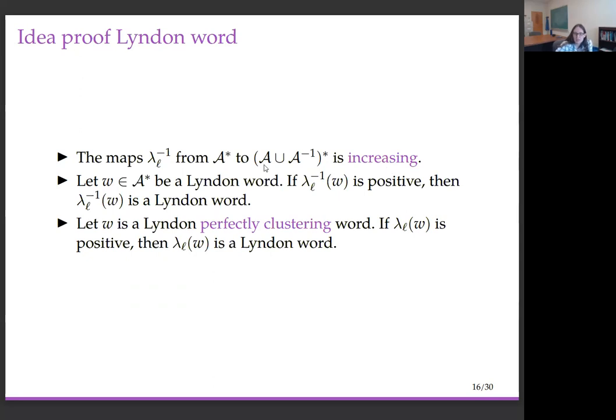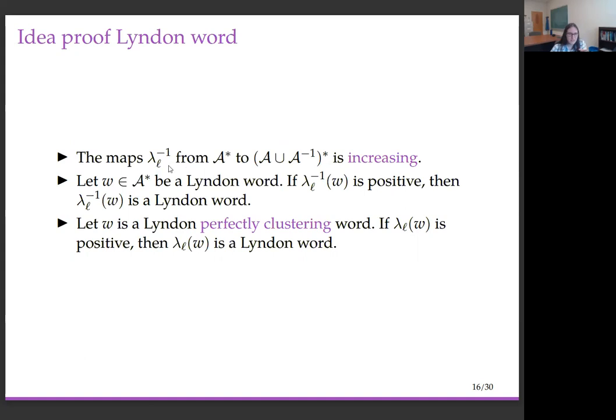The order that you need to take on A union A inverse star is that a letter is smaller than its inverse, and after you continue with the next letter. So you just insert all the inverses between any pair of positive letters, and you will get that this map is increasing in that setting. You need to be very careful because this is false if you take lambda.